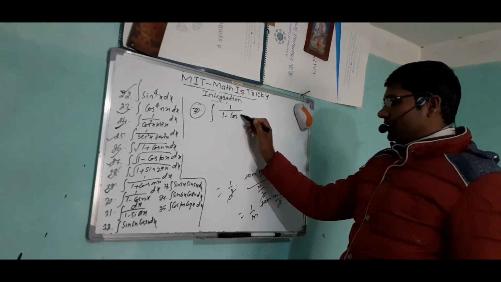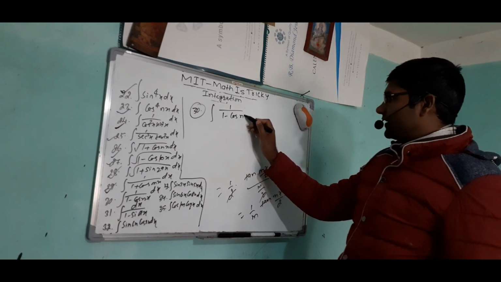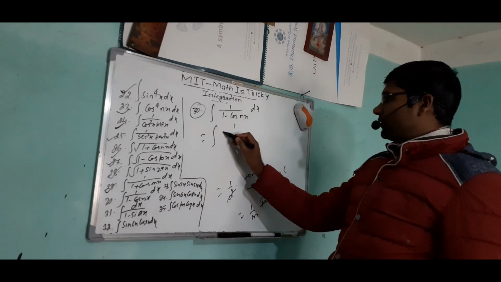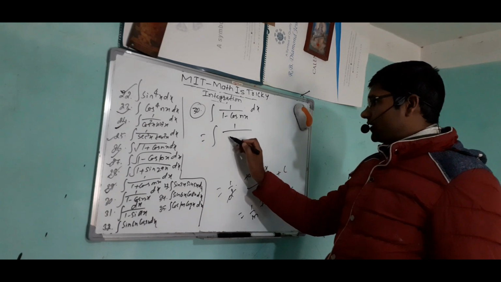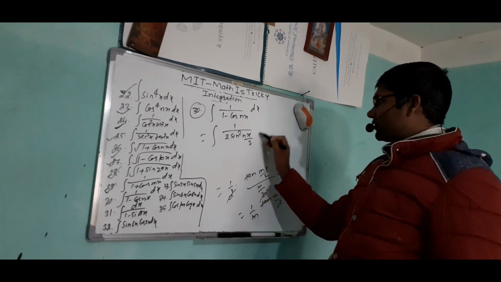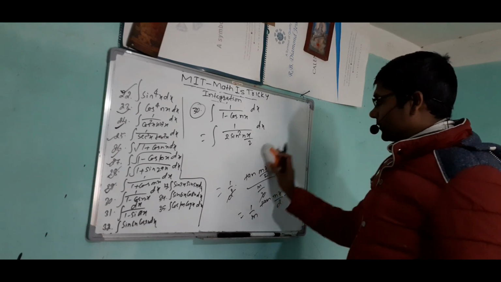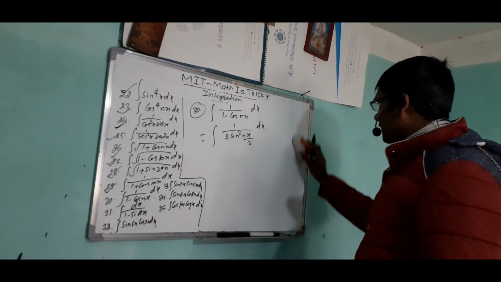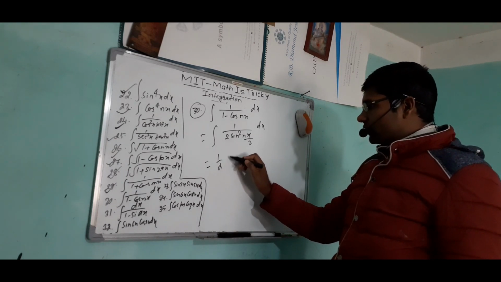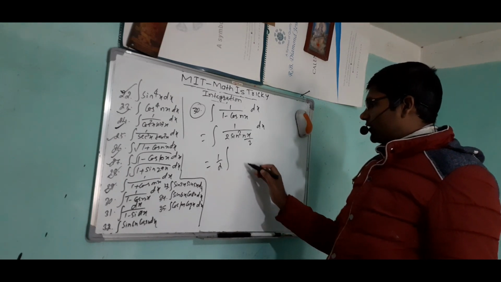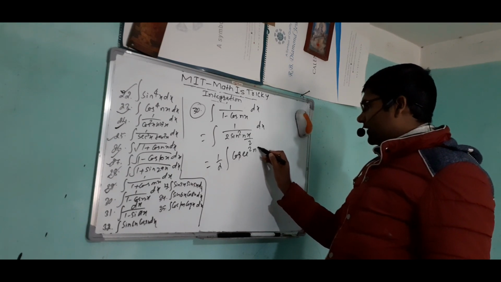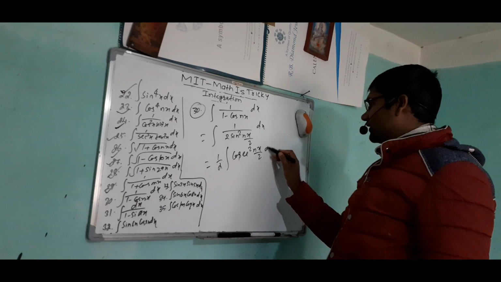1 minus cos nx dx. As before, we'll get the answer. Let's simplify. Again, we can write the formula for this. It is 2 sine square nx by 2 dx. So if we simplify, we'll get our answer. Now you know the way, so you can proceed by yourself also. Sine square means cosec square nx by 2 dx.